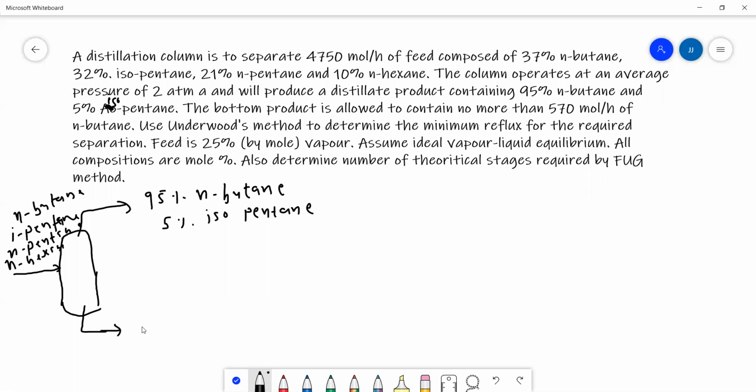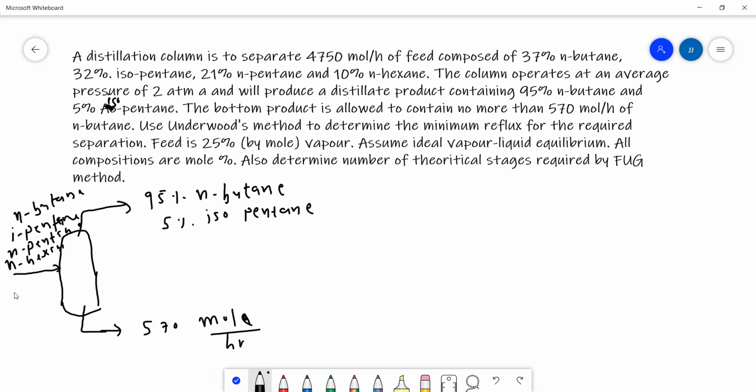For the bottom product, we have 570 moles per hour. Then the pressure is given, and this feed is also given.